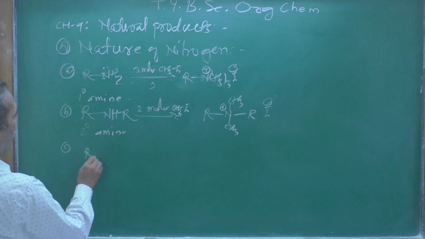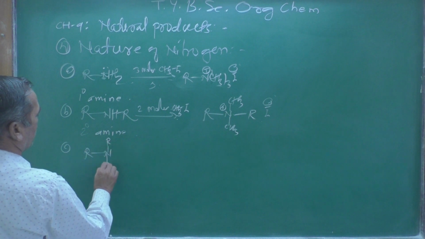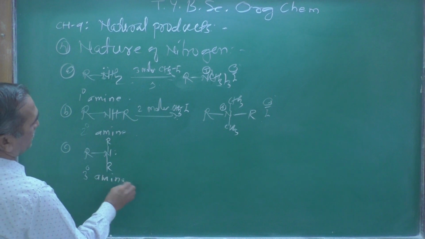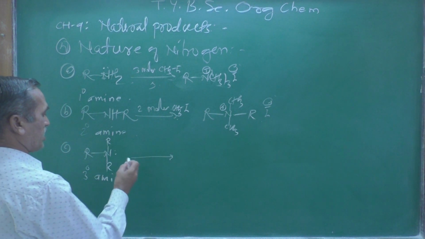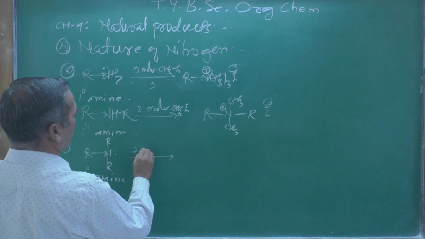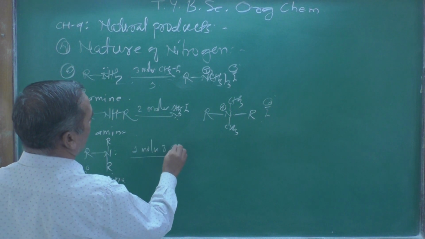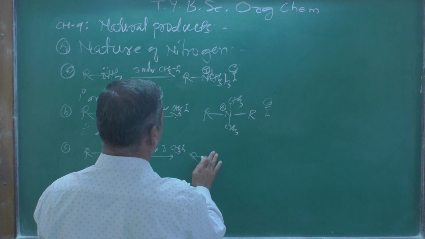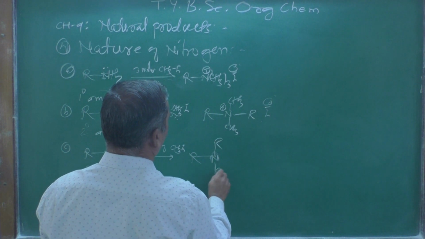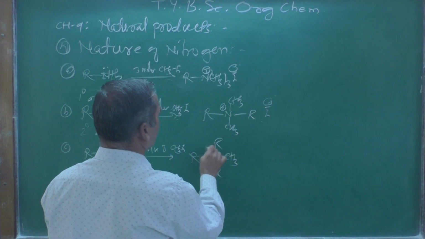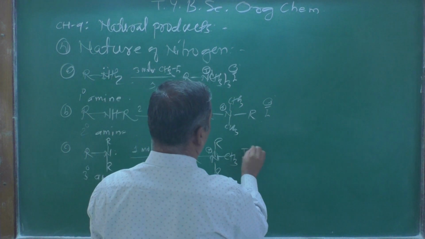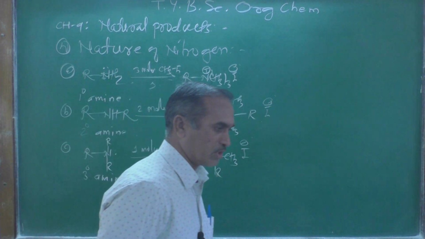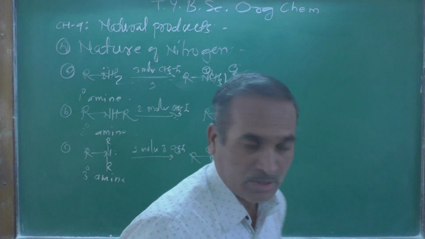Suppose R3N, that is a tertiary amine, and as we know it will consume only 1 mole of methyl iodide, CH3I, and the resulting compound is R3N with this methyl group. Positive charge comes on that nitrogen atom, and the iodine is negative. This type of salt is a quaternary ammonium iodide salt.